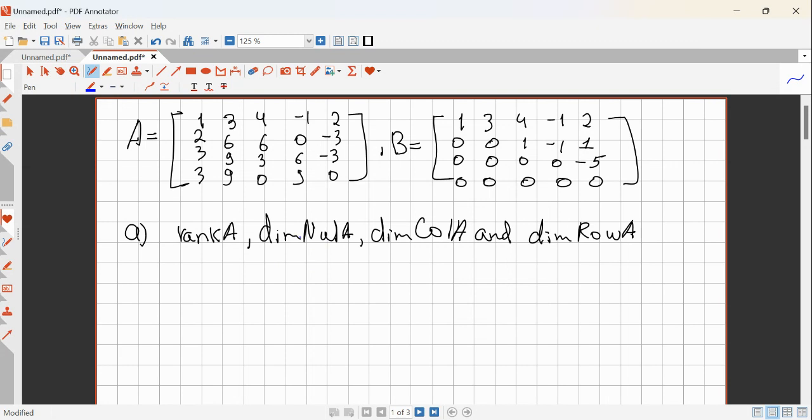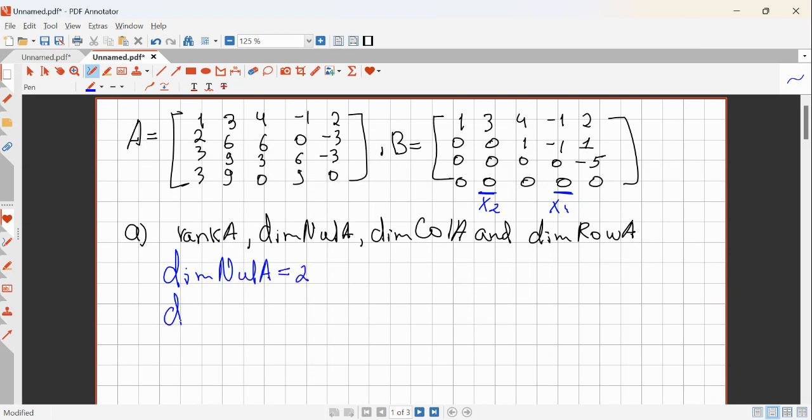For easy understanding, we can use matrix B. We also can use matrix A, but it's not useful since we cannot define whether the columns are pivot columns or not. So we have two free variables, x2 and x4, because there is no pivot position. So the dimension of the null space is 2.